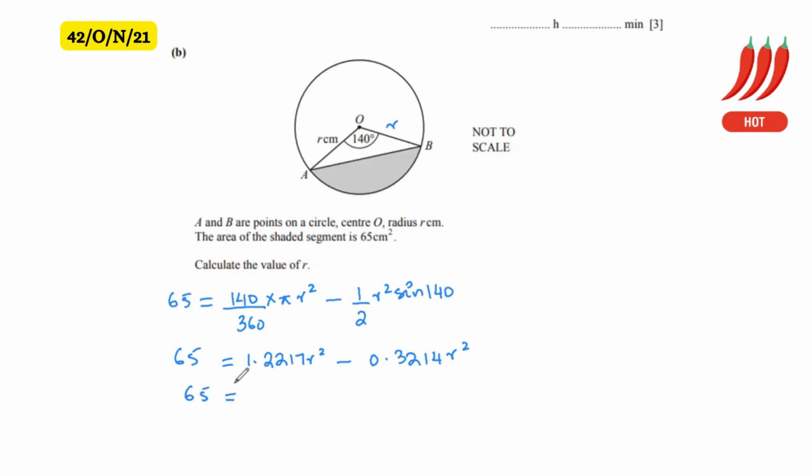Subtract the two, 1.2217 minus 0.3214, 0.9003 r square. Divide the two, square root the result. So r is going to equal 8.49 centimeters. That's your radius.